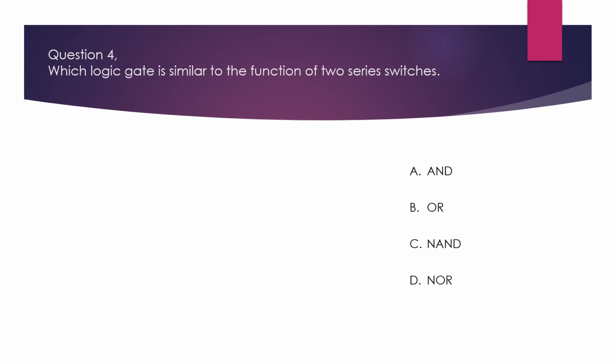Question 4. Which logic gate is similar to the function of two series switches? This is a circuit showing two switches in series. If any of the switches is open, the circuit will not work. The circuit can only function if both the switches are in the on state.